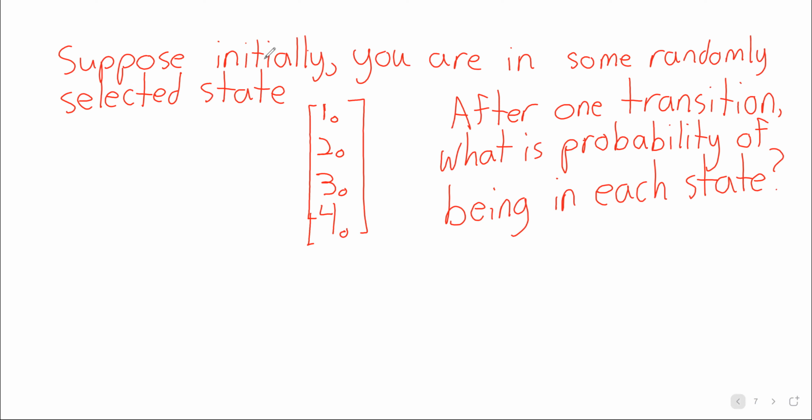The probability that we are starting in state 1 is p1 sub 0. The probability that we stay in state 1 is 1. How else could we get into state 1 after one transition? After 2.